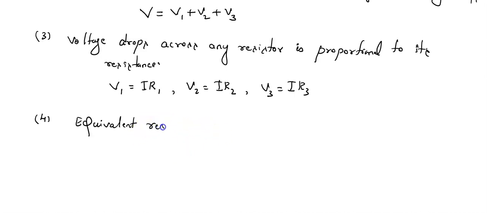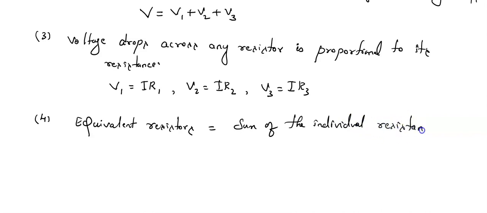Total equivalent resistance will be how much? That is equal to the sum of the individual resistances. That is R equivalent. EQ means total.